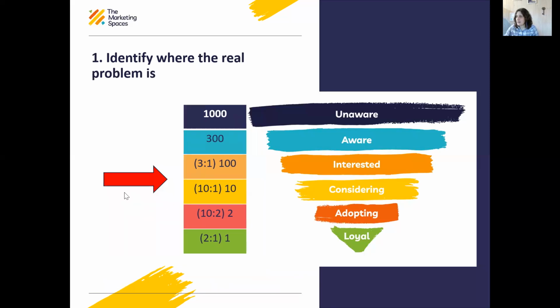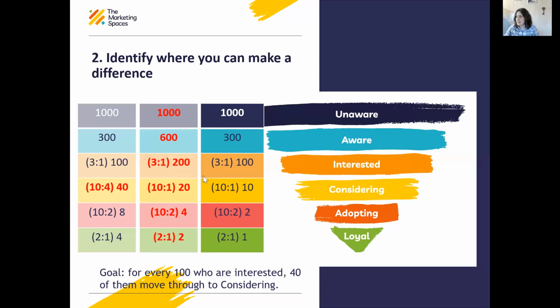So we identified that we felt that there was a difference to be made here. So at the moment, we know that for every 10 people that are considering making a purchase, 2 do. So that's a nice, neat ratio, 10 to 2.